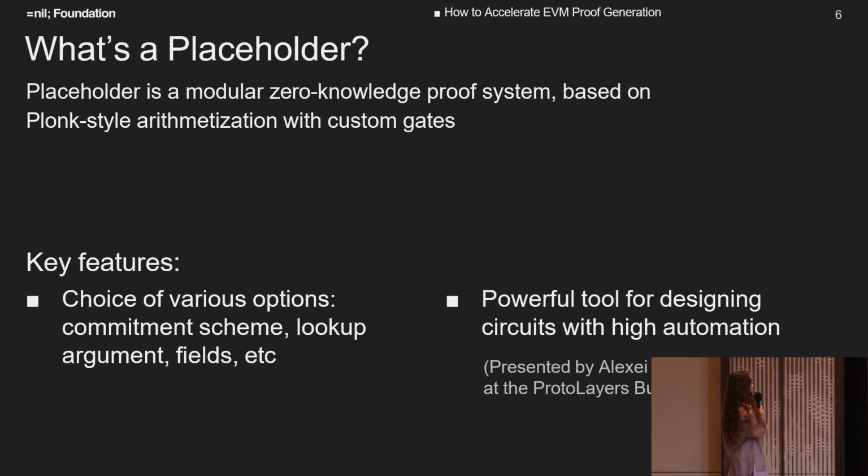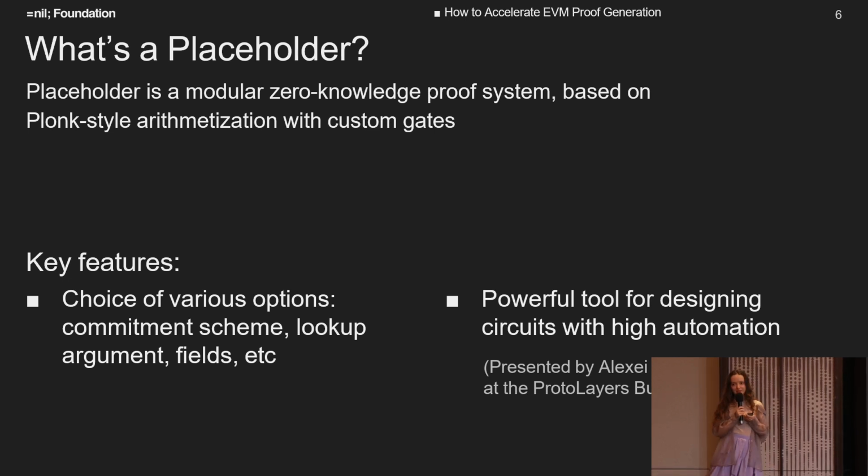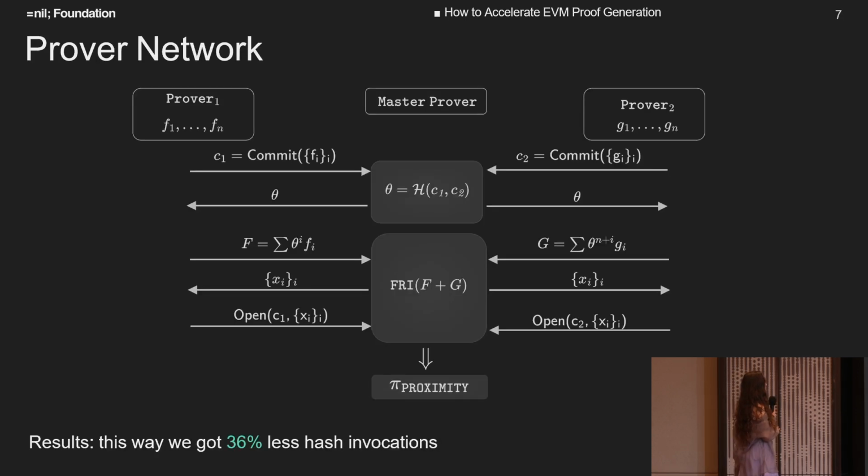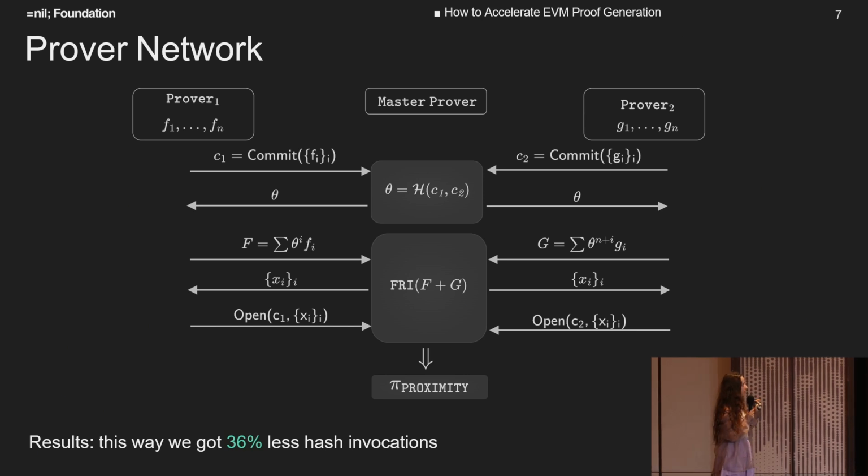Let's return to our system. We already understand what exactly the SYN committee is, but we do not understand what exactly the prover network is. We only understand that the placeholder is just a ZK prover. Here you can see different entities.